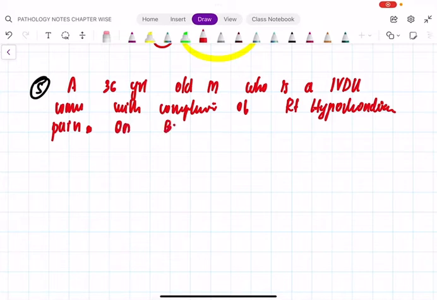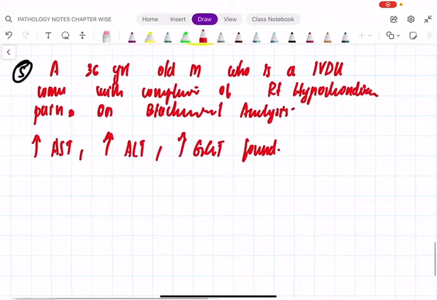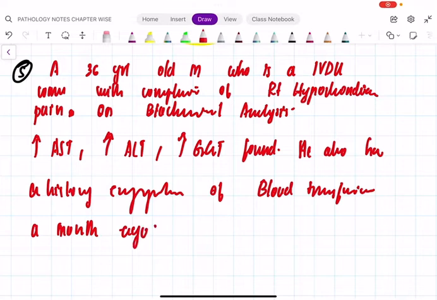On biochemical analysis, increased AST, increased ALT, increased GGT found. He also has a history suggestive of blood transfusion a month ago. What is your probable diagnosis?